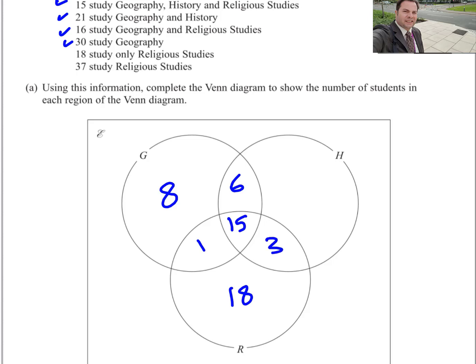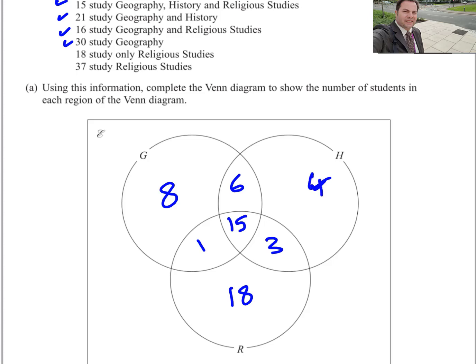Now, how can I find this value, which is history only? Find the total, which is 8 plus 22 plus 21. The answer is 51, but the total is 65. It's given. So 65 minus 51, so the answer is 14.